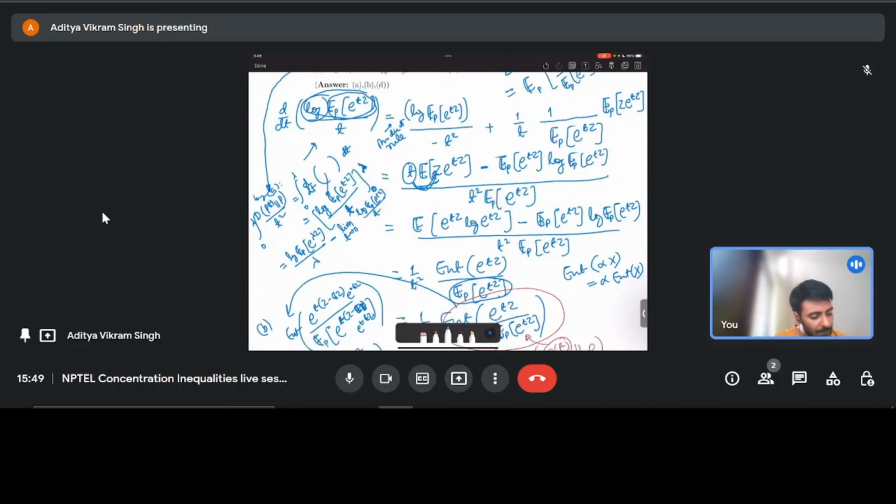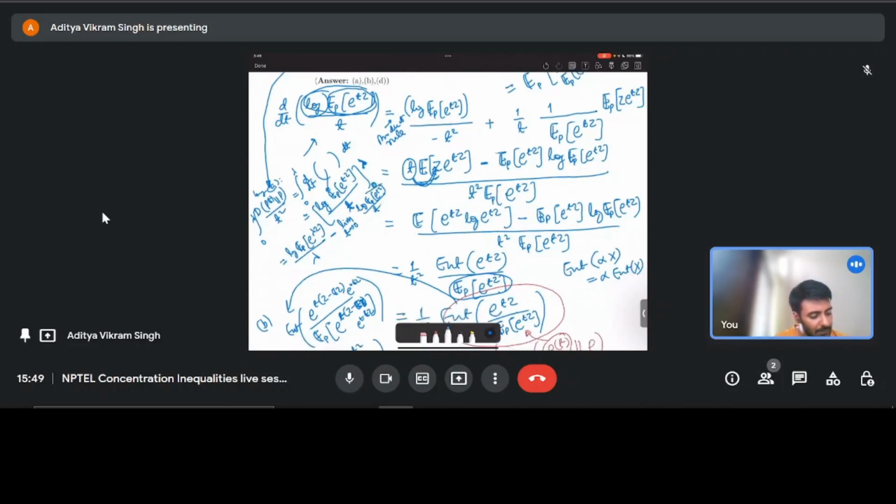Now this thing is just the derivative of the function g of t at t equals 0, where g of t is log of expected e power tz.